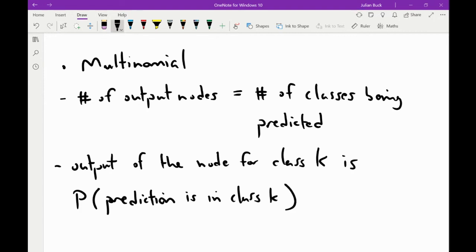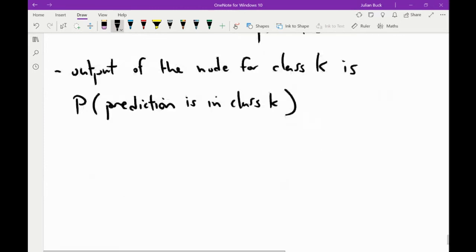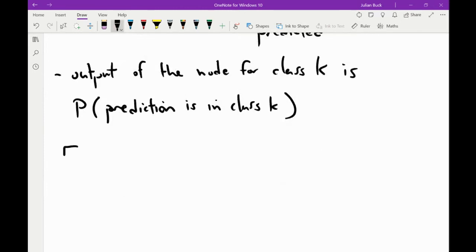As an example, and one that was implicit in the picture we looked at earlier, the MNIST data is, of course, a multinomial classification problem.